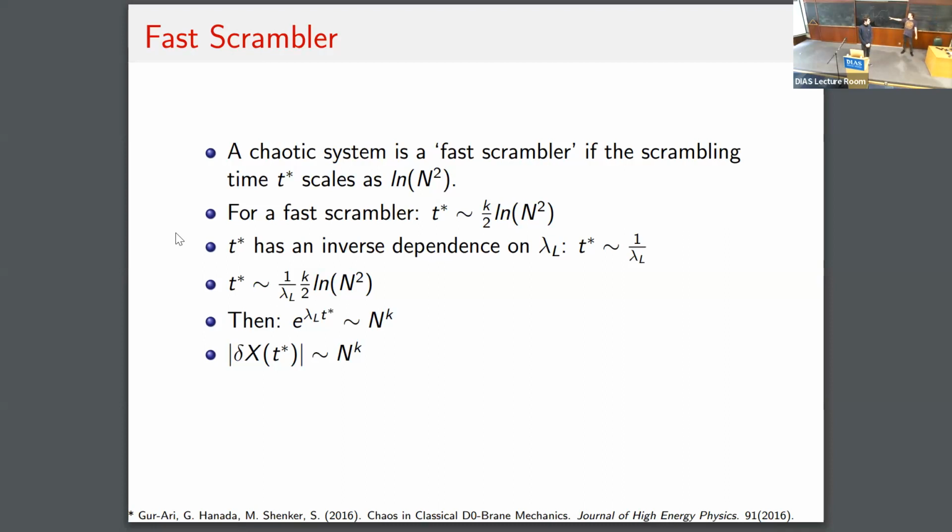For a quantum system, you can have a large number of n qubits, and you can find a small perturbation by flipping one of the qubits initially and seeing how that effect spreads out to the rest of the system. And then you can find the von Neumann entropy, and when that reaches the maximum, that initial perturbation has saturated, spread across the system, and the time it takes should be logarithmic in the number of qubits squared. So numerically we find this half, which can lead us to show that the scrambling time scales as log n squared, which would be a classical analogy of a fast scrambler.